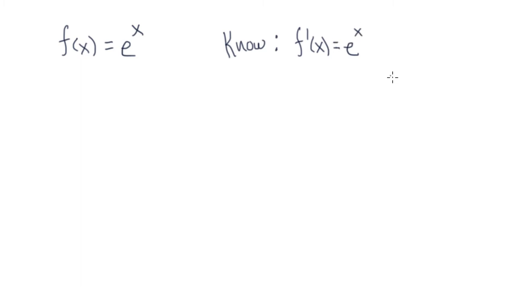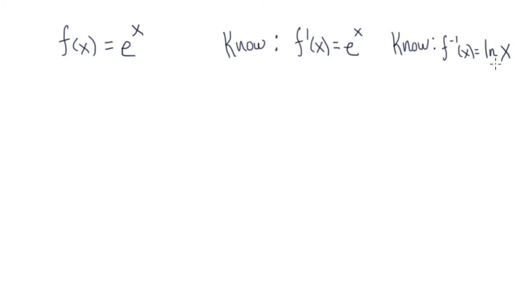Okay? And then similarly, we know that e to the x is an exponential function. It's 1 to 1 for all real numbers. So we know the inverse, and the inverse is the natural logarithm, natural log of x.